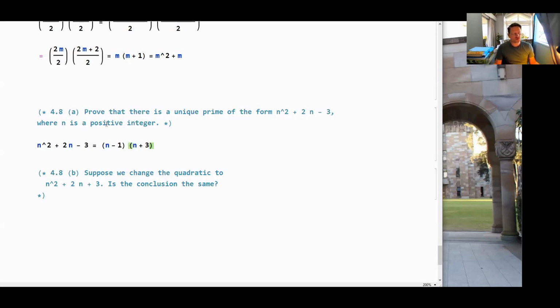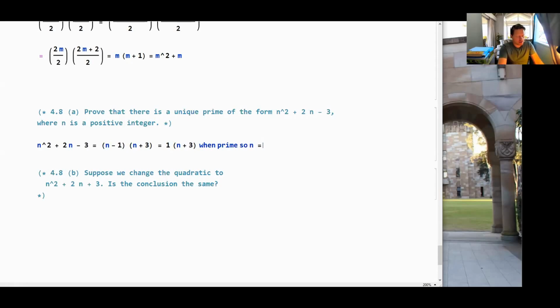Now we're told that n is a positive integer. If we're looking for primes out of this, then the smallest factor would have to be equal to 1, so this equals 1 times n plus 3 when prime. If this one here is 1, then n minus 1 equals 1, so n equals 2.